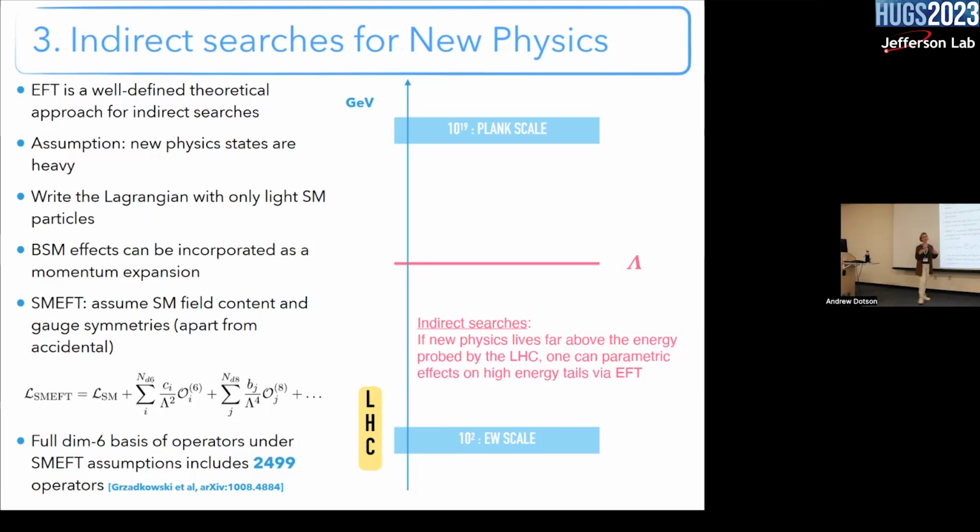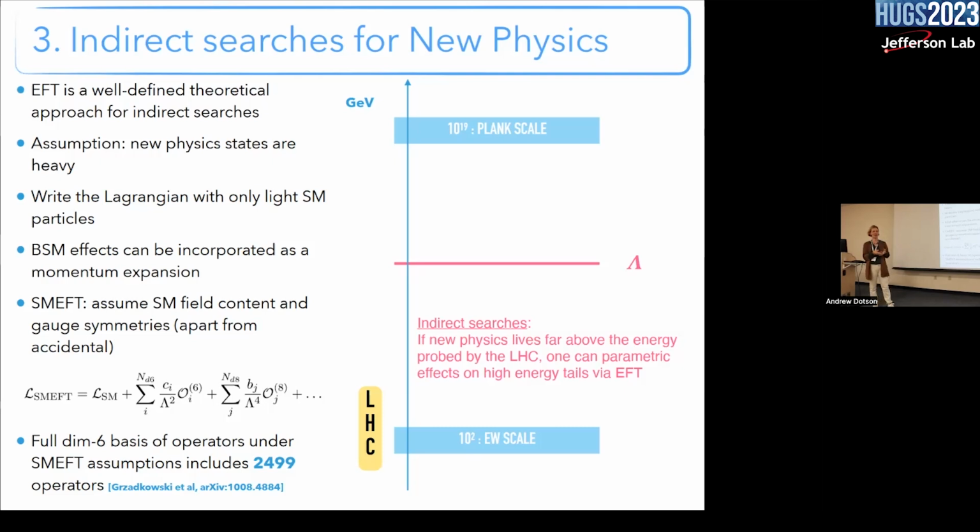There is a huge activity at high energy about these things. The problem is that the full basis of operators is made of 2,500 operators, so it's impossible to fit them all. But you can do some flavor assumptions to reduce the basis and so on. So there are fits of these coefficients in the hope of finding that some of them are different from zero.